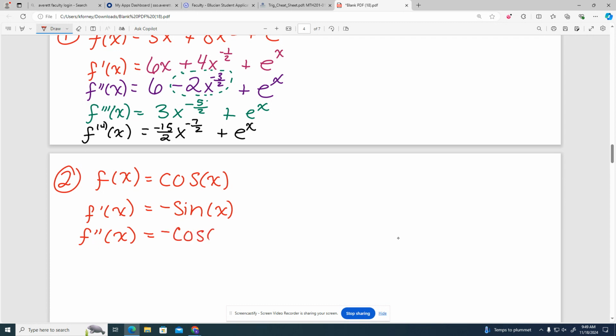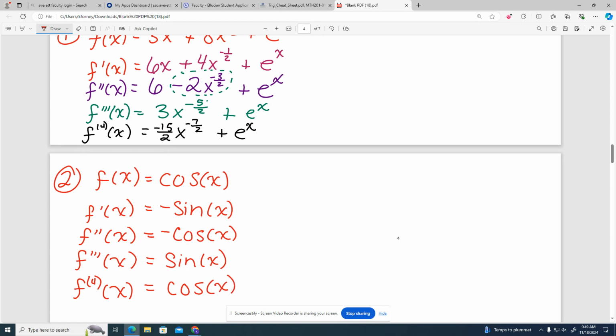Negative cosine. Okay, the third derivative. The derivative of cosine is negative sine, so the derivative of negative cosine is sine. And so then the fourth derivative, the derivative of sine is cosine.